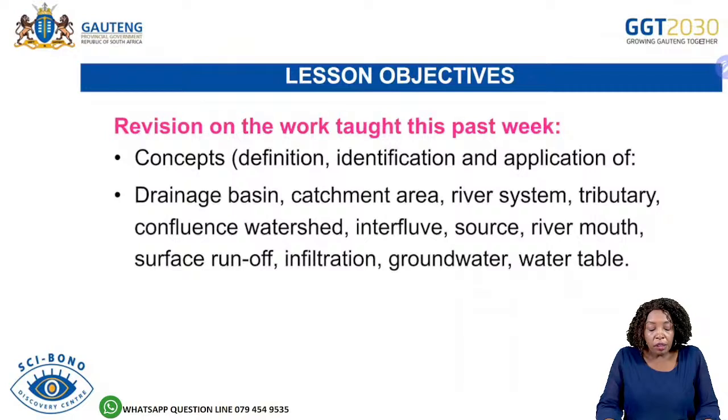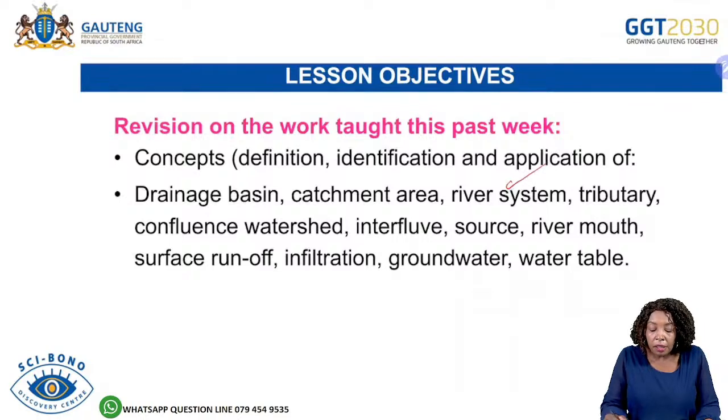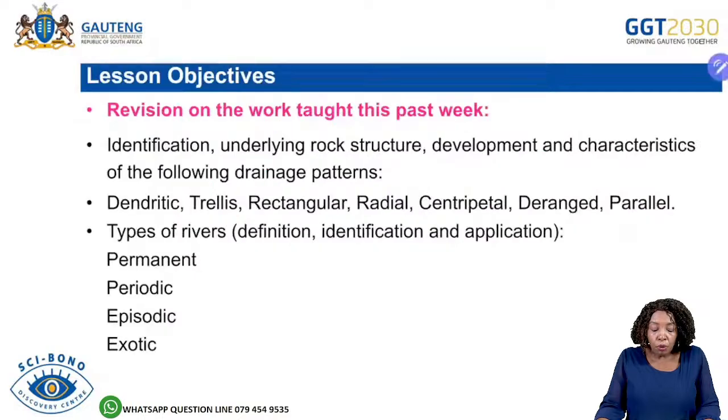So we're going to look at the definition and identification of drainage basin, catchment area, river system, tributary, the confluence, watershed, interflow, source. We're also going to look at the concept of river mouth, the concept of surface runoff, infiltration, groundwater, and water table. So these are the concepts that we are going to look at.